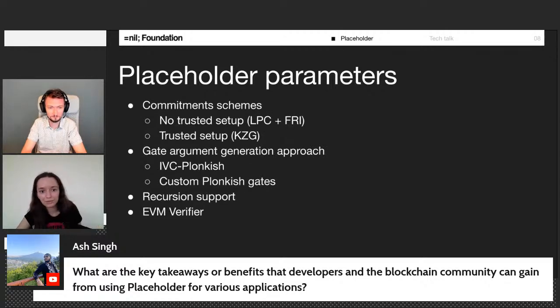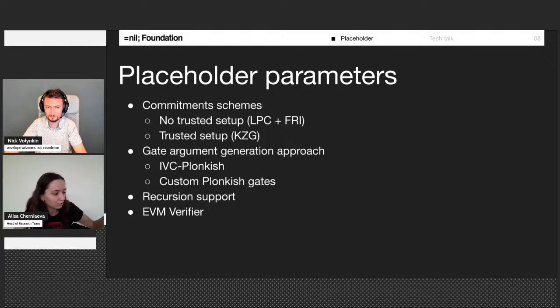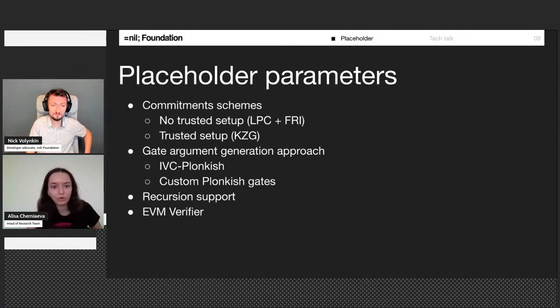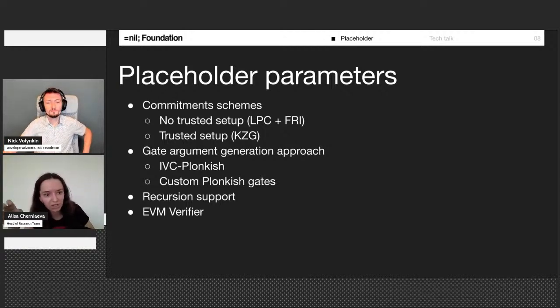Firstly, you just need to think about what you need to get in results. Often, for the first goal, you need no trusted setup, you take LPC, you take some custom PLONK gates, and it works good for now.